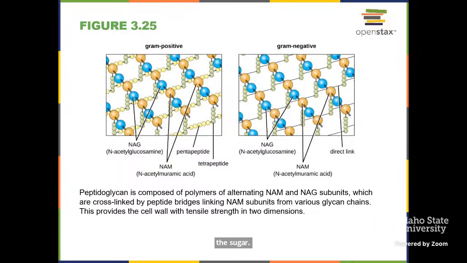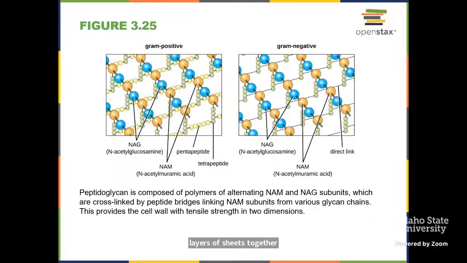In gram-positives, they are fused, one sheet on top of the other, to get a very thick cell wall. And in a gram-negative, it's just a single sheet. They're not stacked up on one another. The little pentapeptides that we see in our gram-positives are what's giving us multiple stackings or layers of sheets. It cross-links them together.